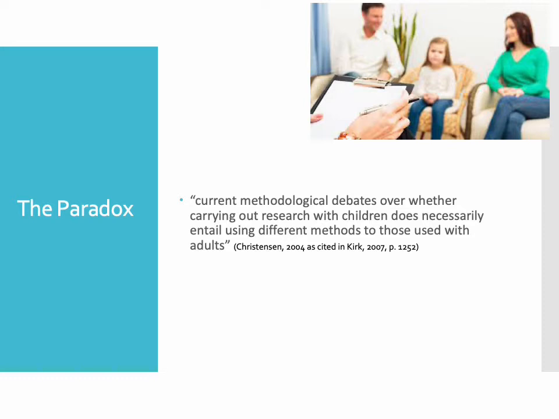But at the same time, is it fair to use the same methods for them as adults, or do we have to somehow make it more child-friendly? And if you do those child-friendly ones, what is your ontological and epistemological perspective with this research with children and youth? Because now you've taken something and you've shifted it to be appropriate for children and youth.